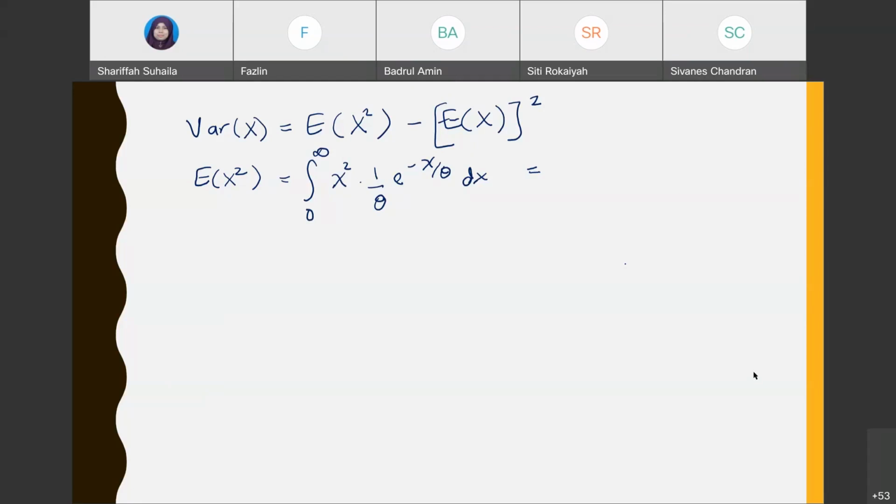It's just simple mathematics. Yuan, can you see? What is your EX square here?